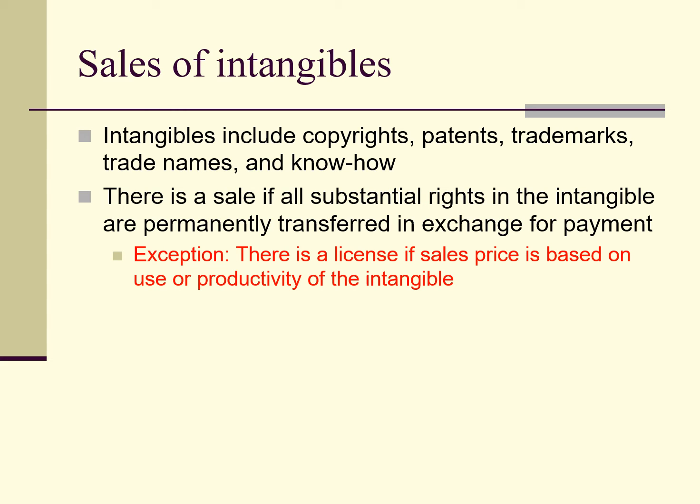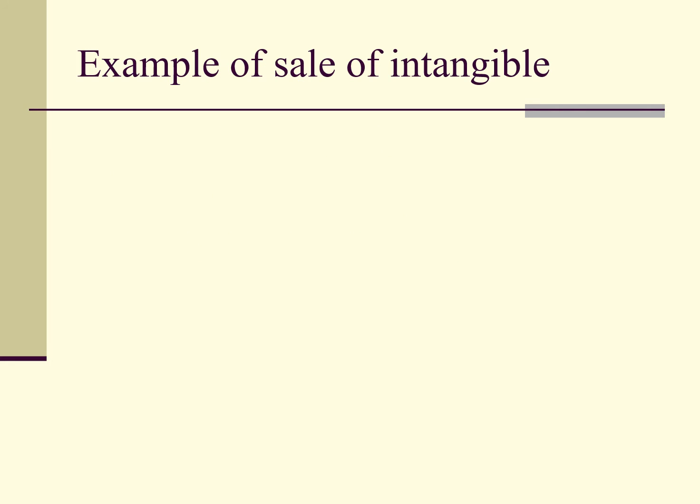As an exception, if the price of the intangible is based on the use or productivity of the intangible, then the transaction will be classified as a license. Here's an example of a sale of an intangible.